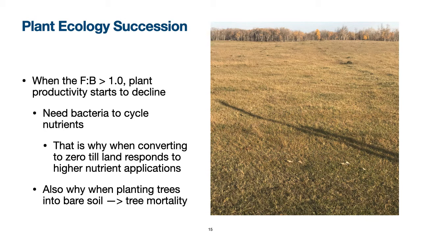So when we have a low fungal bacteria ratio and we're trying to establish trees, go to an area with trees, grab some soil, dig your hole where you're going to plant your tree, and put that soil from underneath an established tree into it. This way, when you put the roots into it, the tree is going to think it's in the right conditions to grow, and so it should have better establishment.